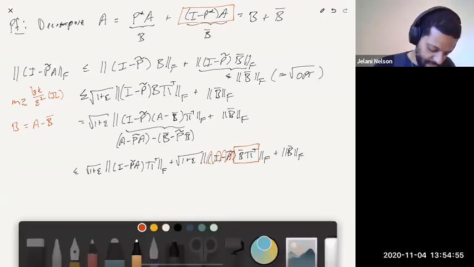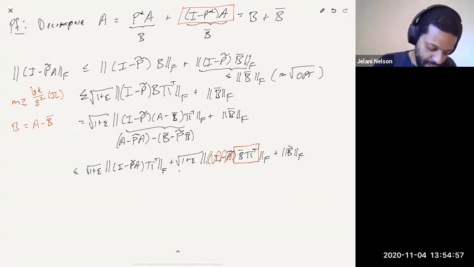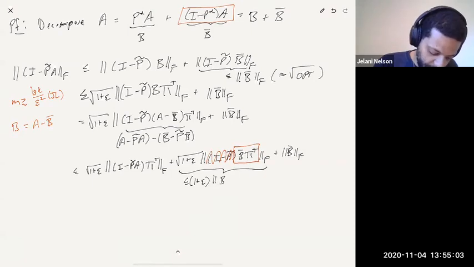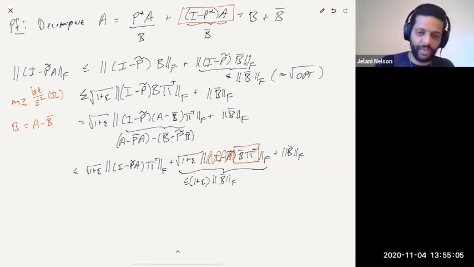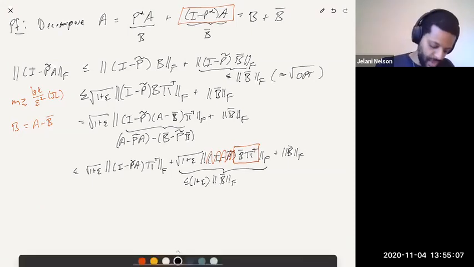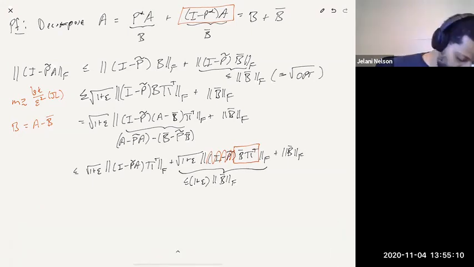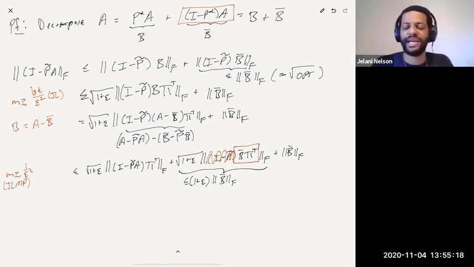That's going to give me another square root 1 plus epsilon. So this thing is at most 1 plus epsilon times the norm of B bar, which I can combine with the other norm of B bar. Here this requires m to be at least basically 1 over epsilon squared. That's just the JL moment property, and the lemma we proved last time saying the JL moment property also implies preservation of Frobenius norms of matrices.